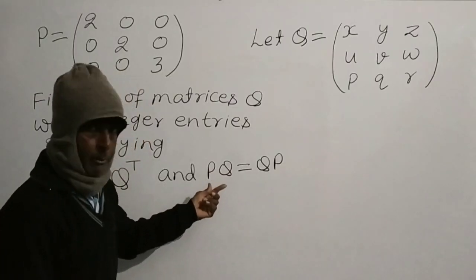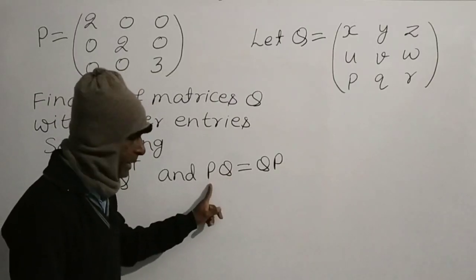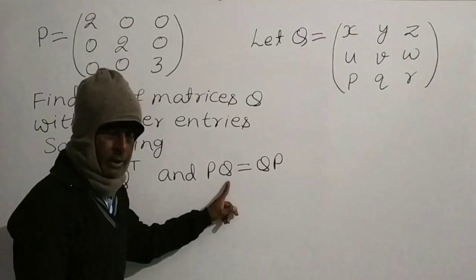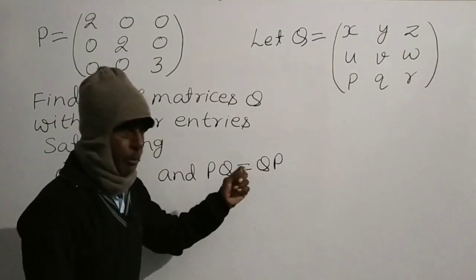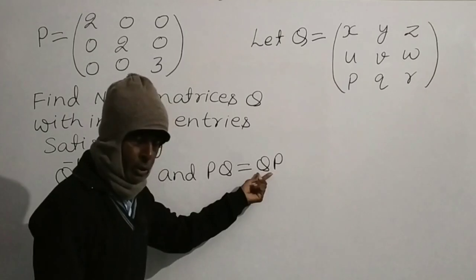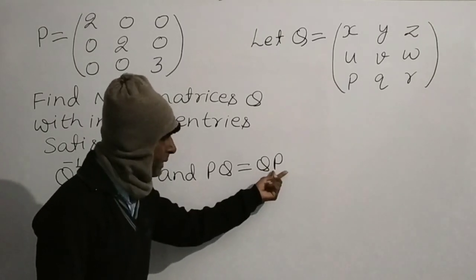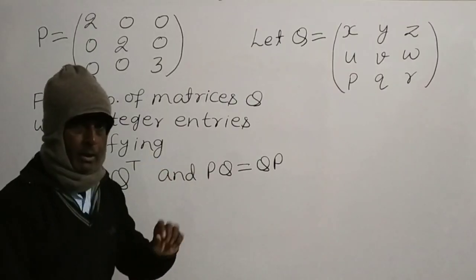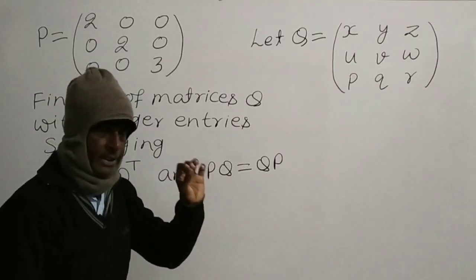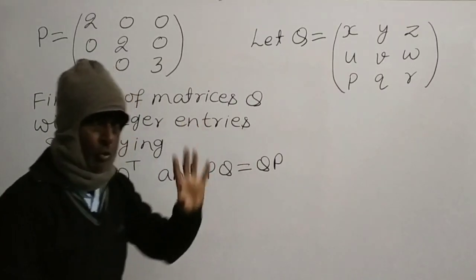The product of P and Q, when P comes first and Q second, will be equal to the product when Q comes first and P second. In the case of numbers, 2 times 3 is equal to 3 times 2.